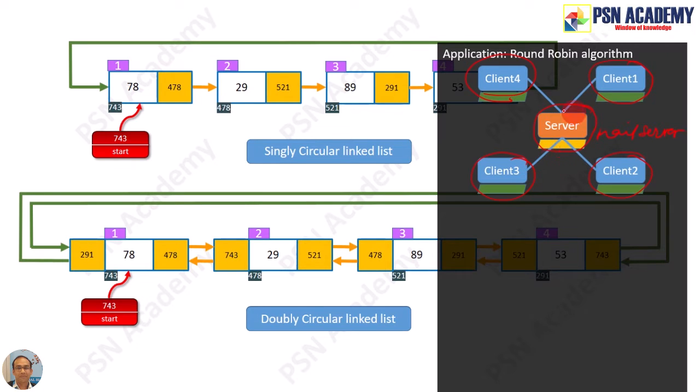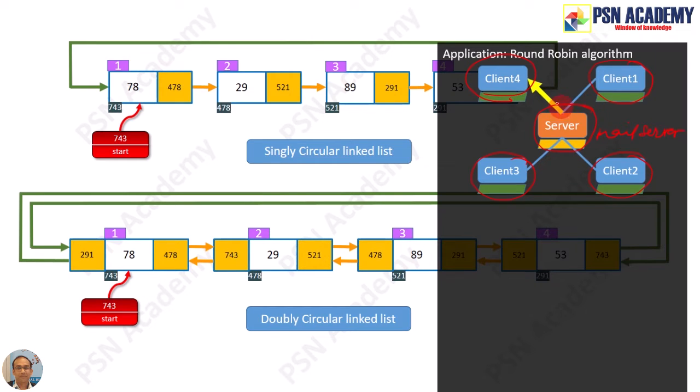So what the mail server will do, it will serve any one of the clients, say client 4, for a small interval of time. Then it will go and serve client 1 for a very small interval of time. Then it will serve client 2 and then client 3, and again back to client 4.